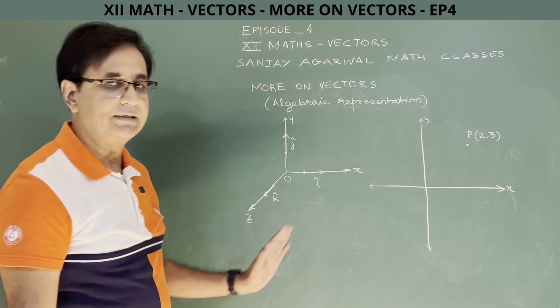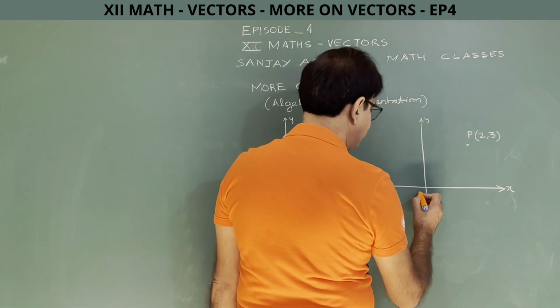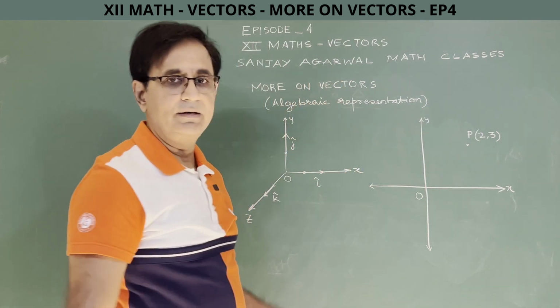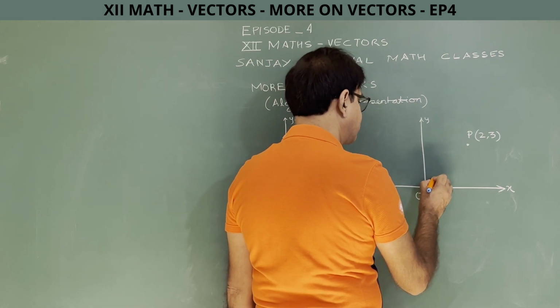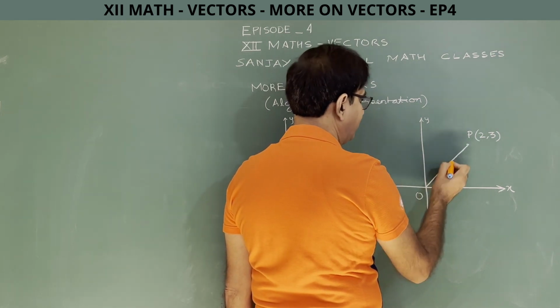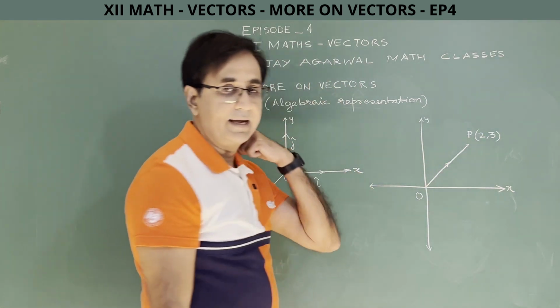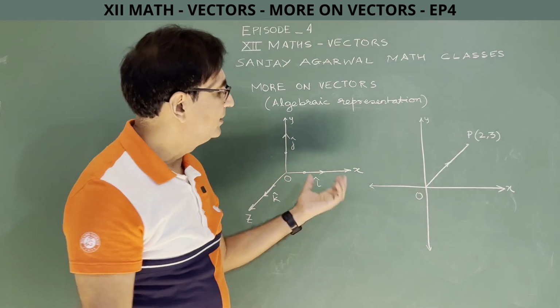I am not introducing z axis in this diagram for the sake of making it simpler. This is the origin. Now, every point has a position vector. You know what is the position vector of point P? Vector OP. From O you take a scale, join it with P with a straight line, put an arrow like this. So, this now becomes a vector. Every vector has a definite magnitude, a positive number and a definite direction.